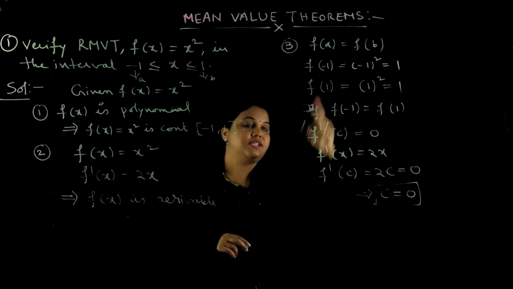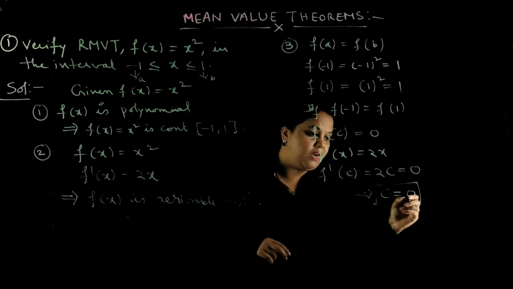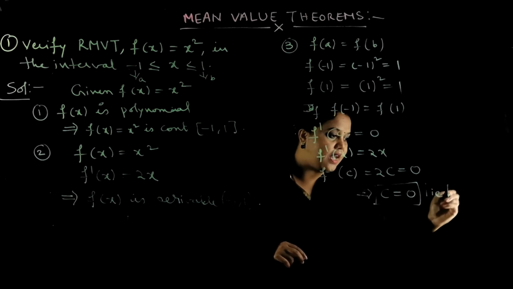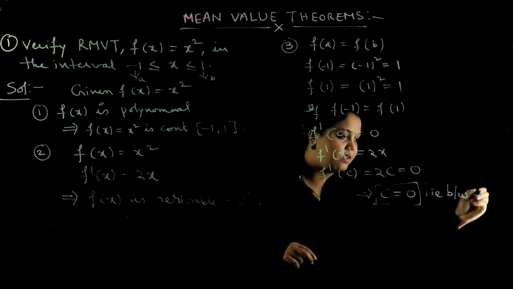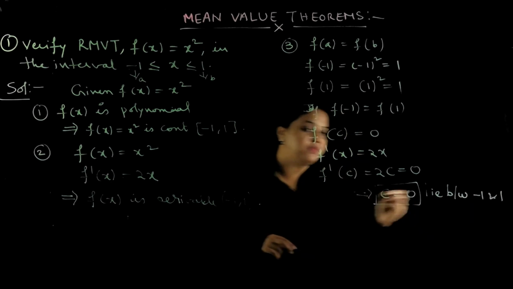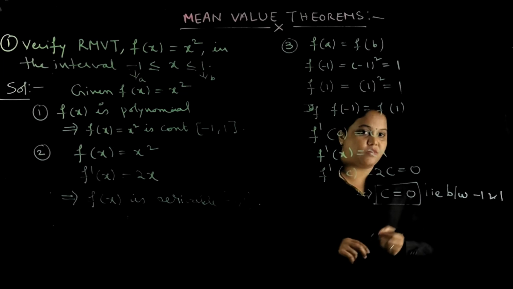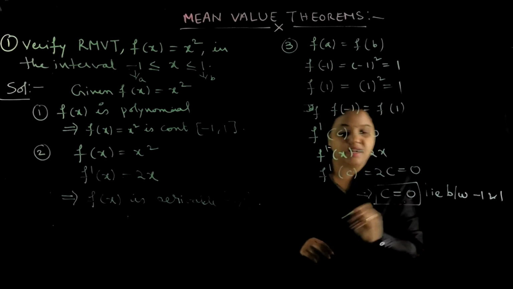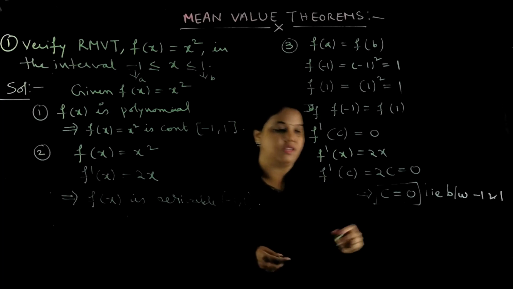That means at this point c equal to 0, this should lie between -1 and 1. And we observe that this point is lying between -1 and 1. And so definitely we can say that it is satisfying all the three conditions.